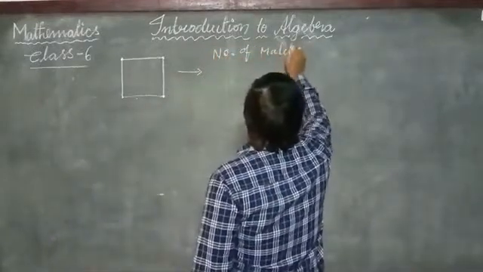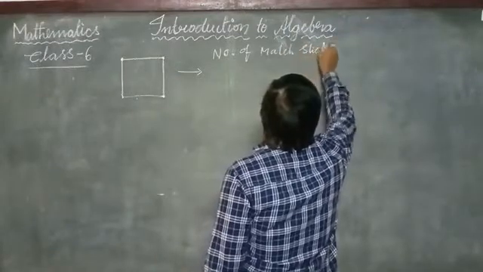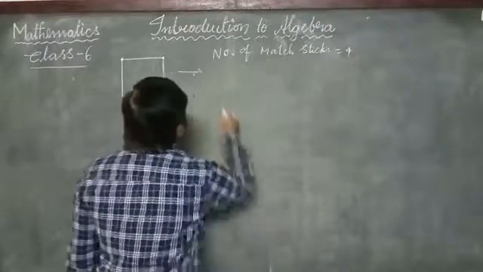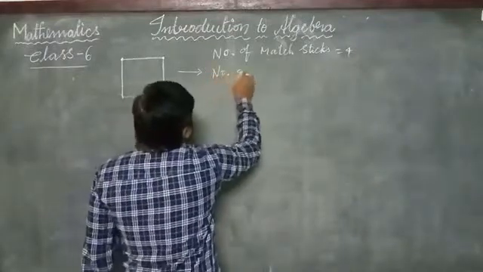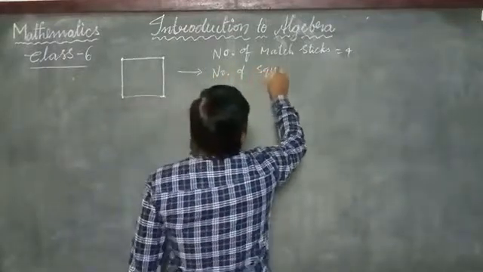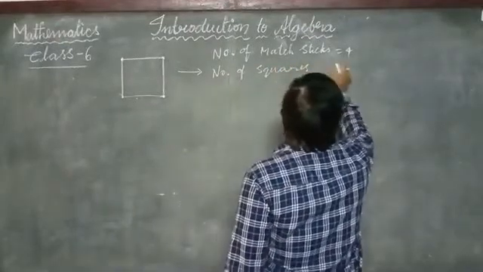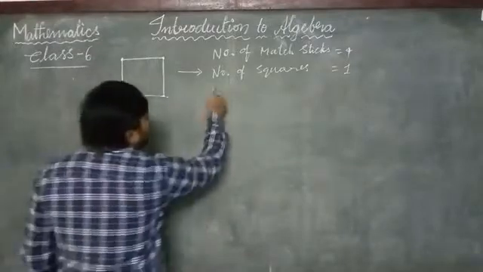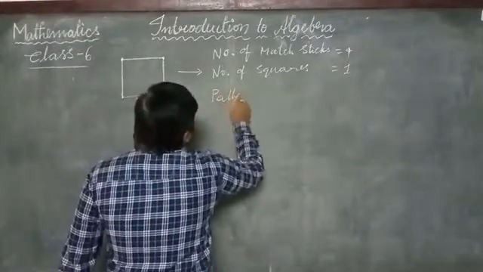Number of matchsticks: 4. Number of squares: one. And here we should write the pattern.